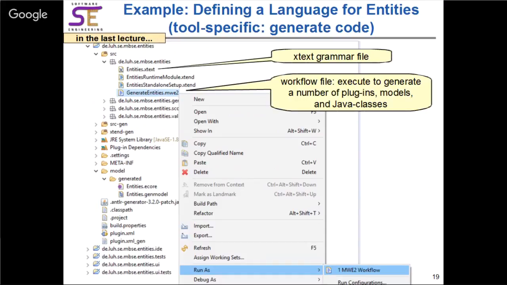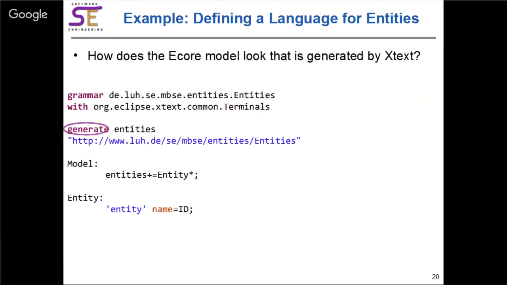So, as I said, there is an ecore model being generated, because we say here generate entities with this namespace. And how does the meta model look for this grammar?